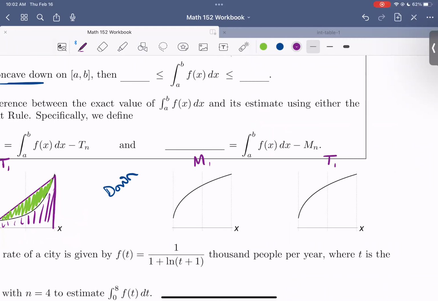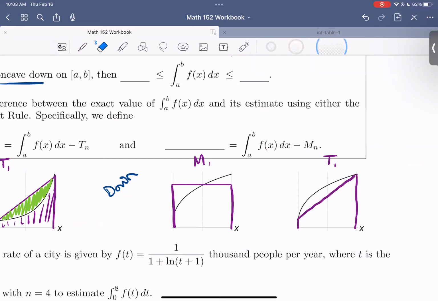So we can go ahead and fill those in. The height of our rectangle would be right about here. And then for our trapezoid, we'd have our end values, and then we connect.